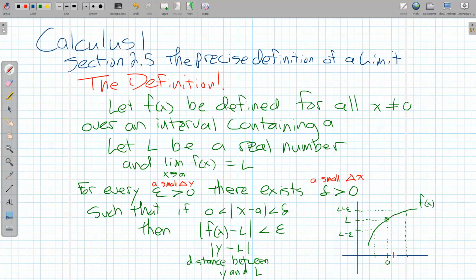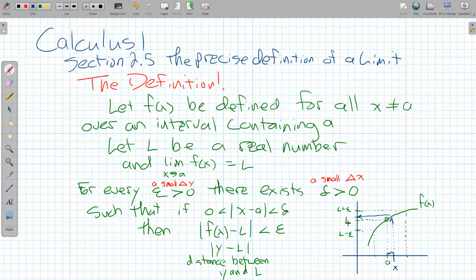So let's say I pick that x value right there. This distance in between a and x here, that's the delta, the distance those two are apart. And what I want to happen is if I pick an x value close enough to a, and I trace back this way, and I look to see what its y value is, I want to assure that that y value is reasonably close to L over here.